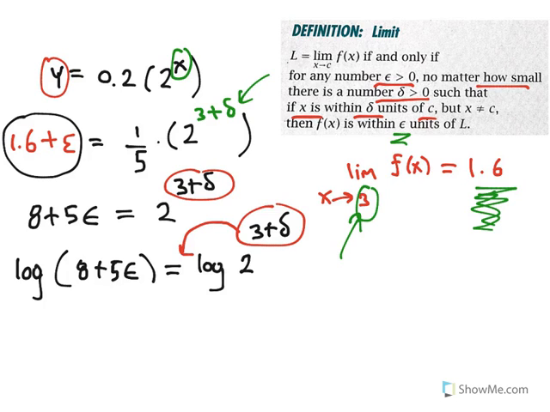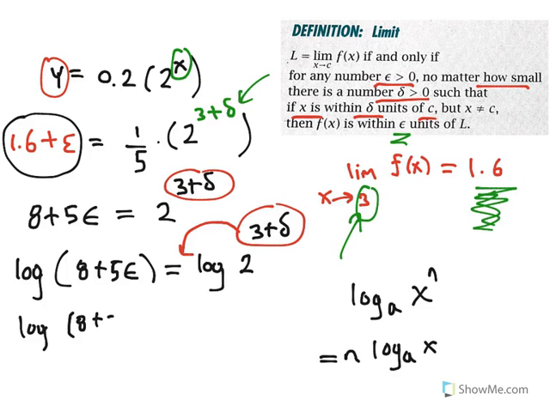If you have log base a of x to the n, you can write that as n times log base a of x. And that's what we're doing here. So now we have log base 10 of 8 plus 5 times epsilon is equal to 3 plus delta times the common logarithm of 2.